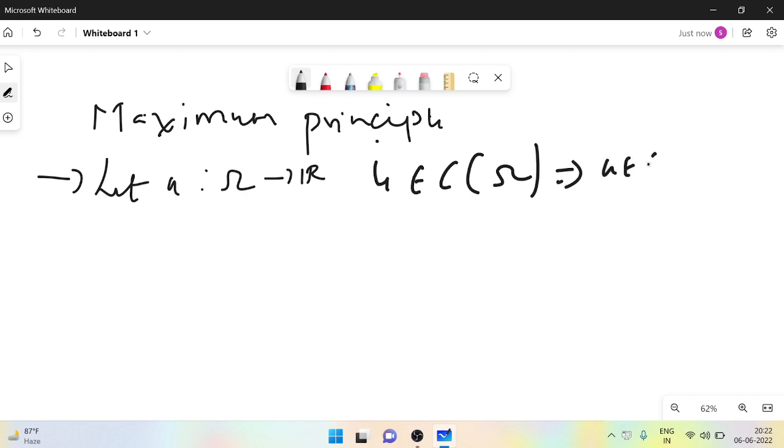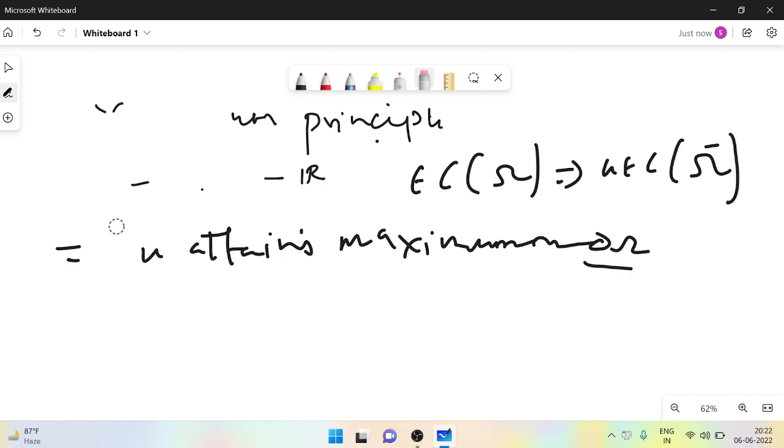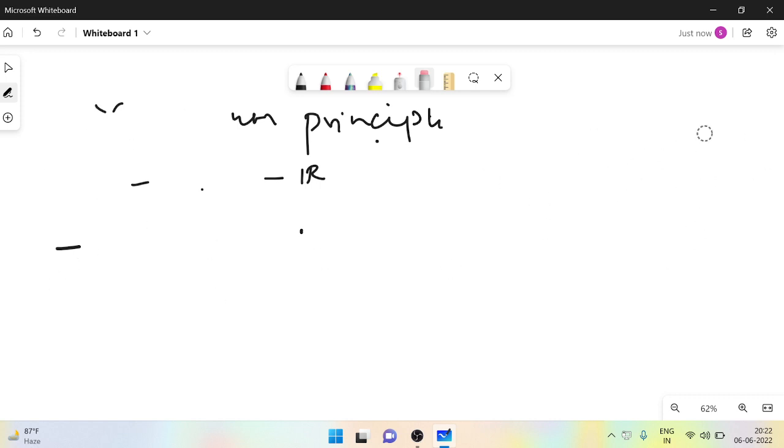So let u belong to C of omega bar. Then u attains its maximum on the boundary. So I'm just going to state the theorem again. This is called the weak maximum principle.